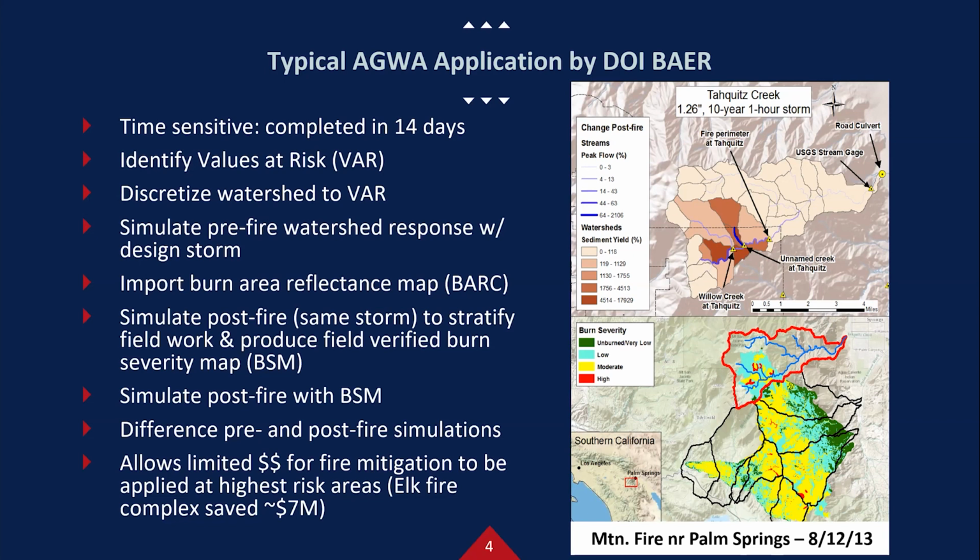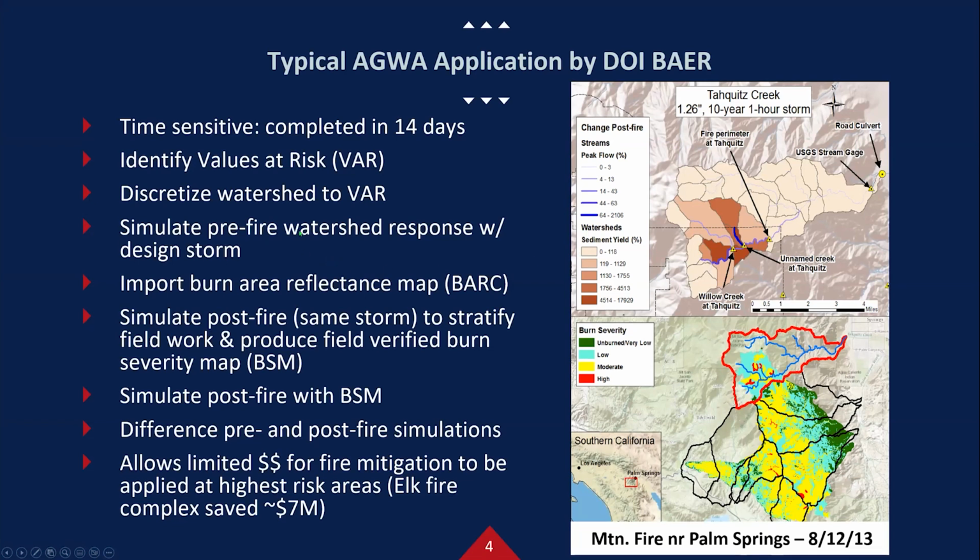In other words, we'll get a point shape file, as we can see over here, and we will make sure the model discretizes to those values at risk. And those are the yellow triangles here. And so we'll get a report on both flood and erosion at those locations.